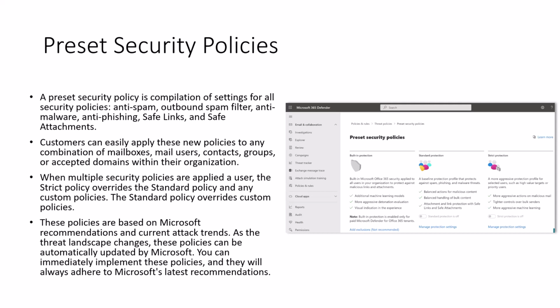So the strict one kicks in first, and then we have the standard preset security policies, which is next on the list, and then we have the default ones, and lastly we have these custom policies based on priority of each of the individual policies that we have set in place.